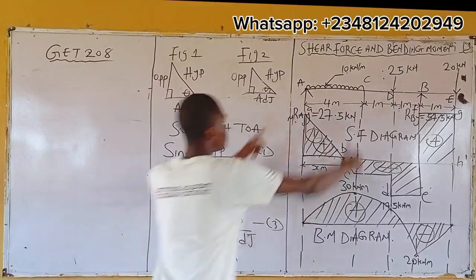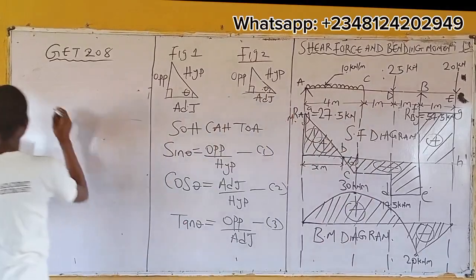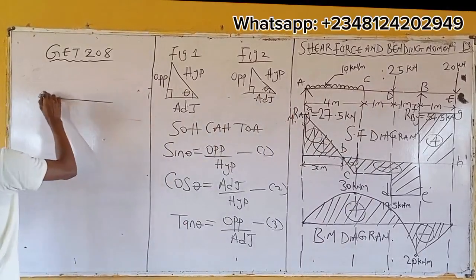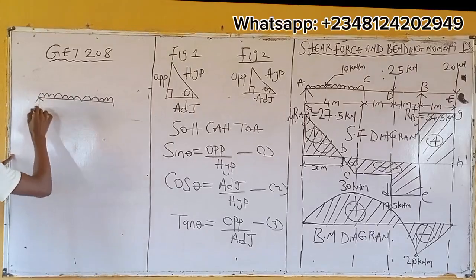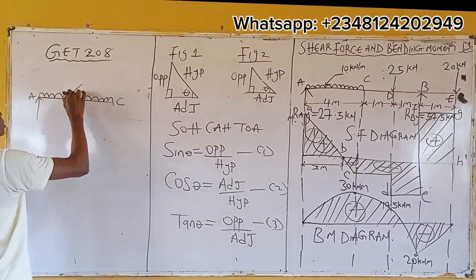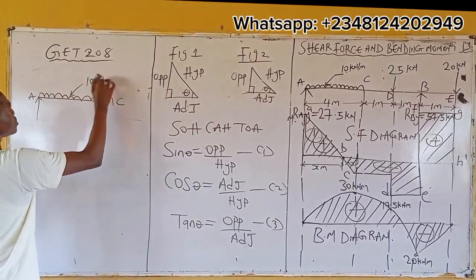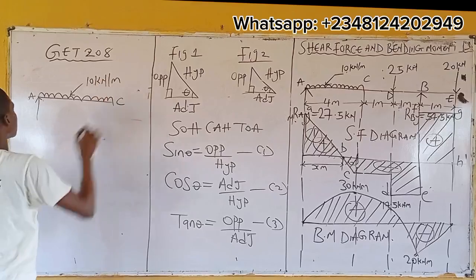So from here, let me bring this guy out since that's my interest. I'm having this UDL, right? This is A, this is C. What's the intensity? 10 kilonewton per meter.